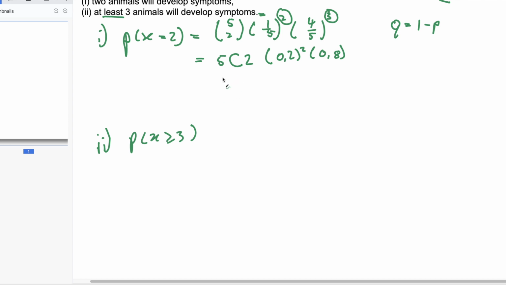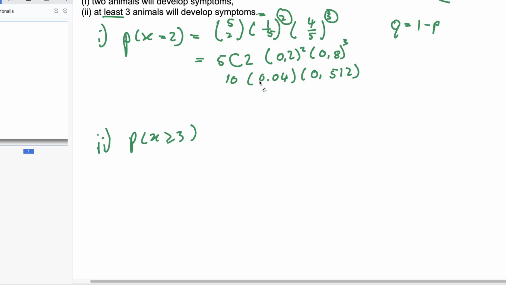So how do you do 5 combination 2? It is 5, shift, division. You get a C there, and then 2, and then equals, and that will give you 10. And then this is times 0.2 squared, which equals 0.04, and then this is to the power of 3, so it's 0.8 to the power of 3, that's 0.512.